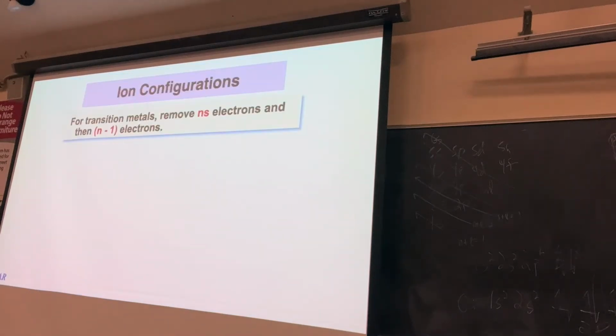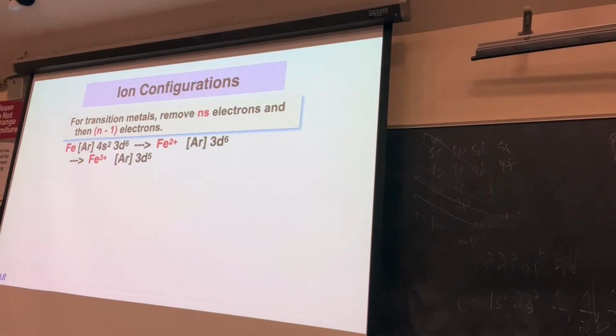All right. Transition metals also make positive ions usually, all right? And remember the rule is highest N first, then highest N plus L, and so on. Now, iron is argon 4s2 3d6. And this is where it's interesting. Iron plus 2 means remove 2 electrons.